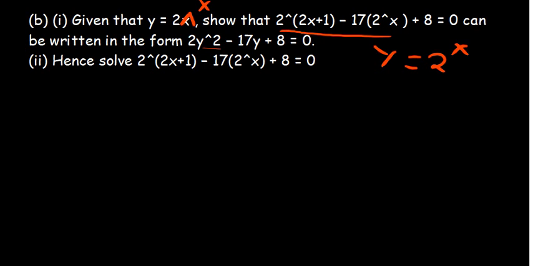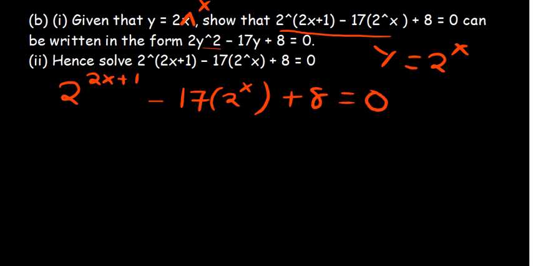So what we have is 2 to the power 2x plus 1 minus 17 multiplied by 2 to the power x plus 8 is equal to 0. So our goal is to show that this is going to be equal to 2y squared minus 17y plus 8. That's what we want to show, that expression there.